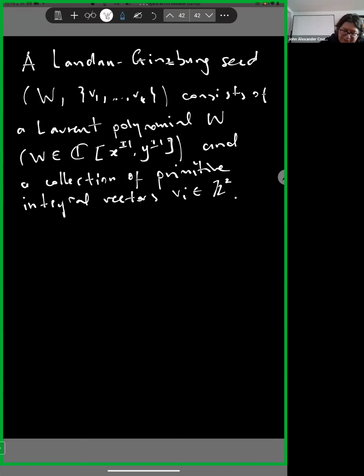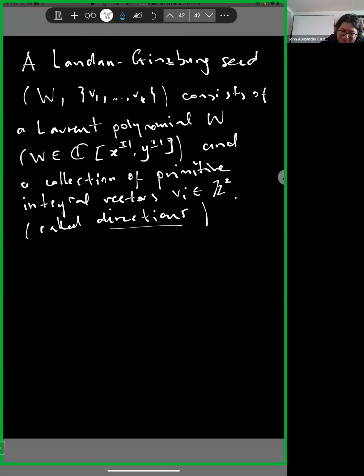The collection of vectors are called directions.